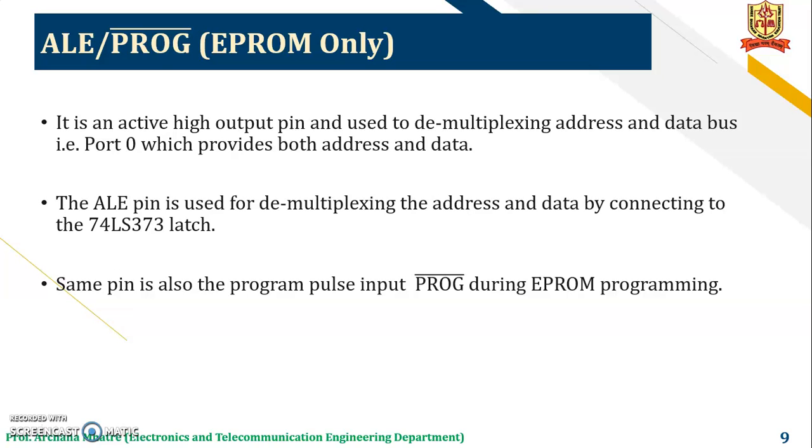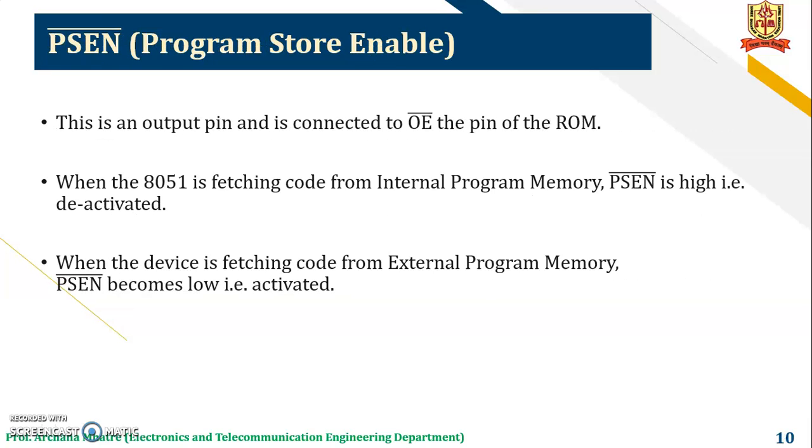The ALE pin is used for demultiplexing the address and data by connecting to the 74LS373 latch. So for demultiplexing address and data, the latch is used. The same pin is also the program pulse input, that is PROG bar, during EEPROM programming. When EEPROM memory is used, then PROG bar is used.